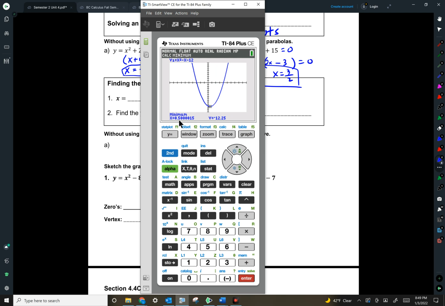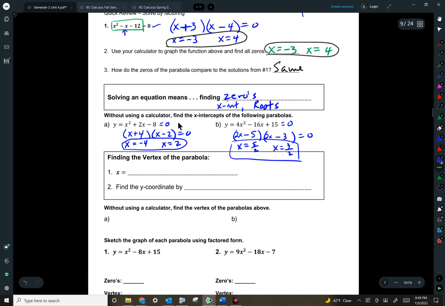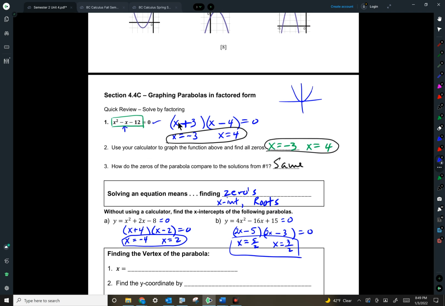X equals 0.5. So think about this parabola up here. I'm going to draw a little bit of the graph. On the x-axis, we knew that it crossed over here at -3 and over here at 4. And then remember, the vertex was way down here at 0.5.